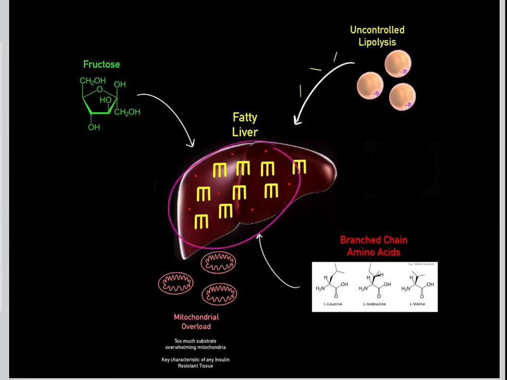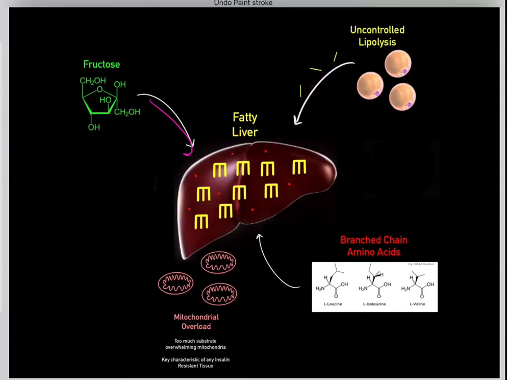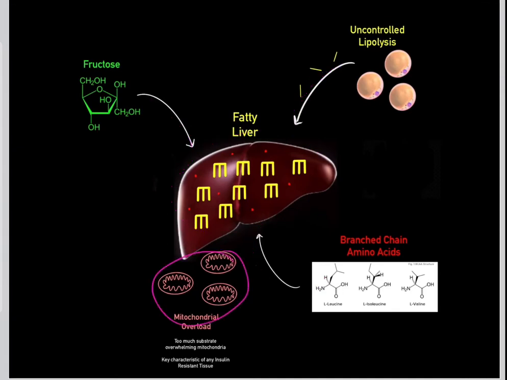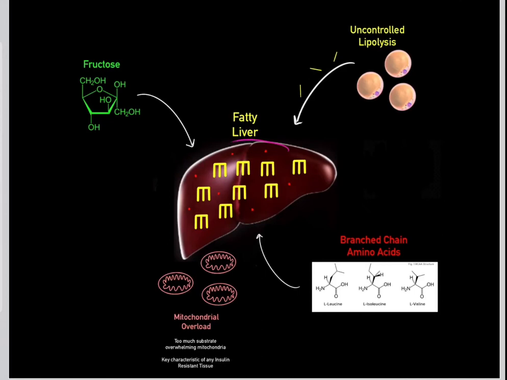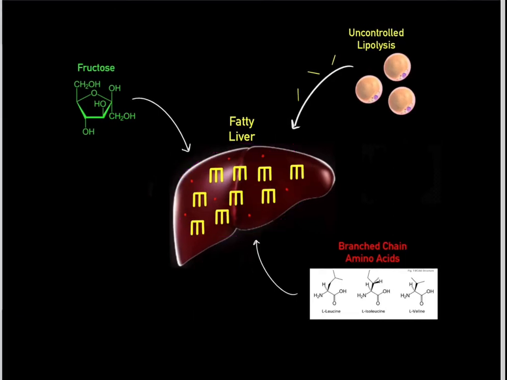This liver is accessing too much fructose and free fatty acids and branched-chain amino acids in an unregulated fashion, where you're simply overwhelming the mitochondria. There's simply too much substrate, so it can't oxidize all these substrates, so that leads to excess formation of fat and triacylglycerides. And that's a key characteristic of any insulin-resistant tissue. So we know in the context of type 2 diabetes, we're going to have fatty liver and we're going to have systemic inflammation.